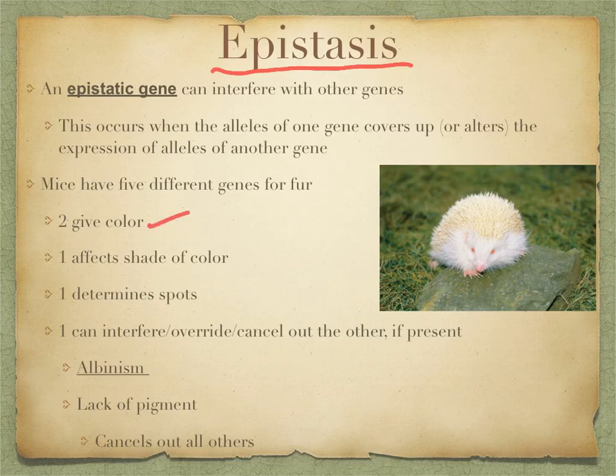Two give it its color, one affects the shade of the color, one gene determines whether or not it has spots, and then one can override or cancel out all the others if it's present, contributing to something called albinism, which is a lack of pigment. It just cancels out the effects of all the others, and as a result, you get these white mice.